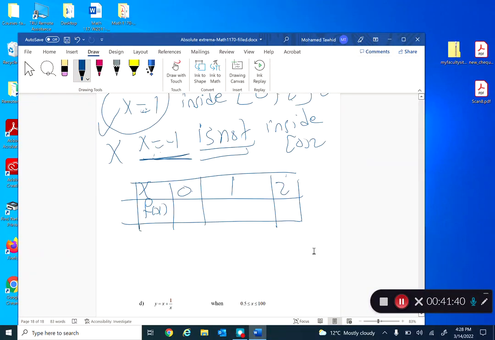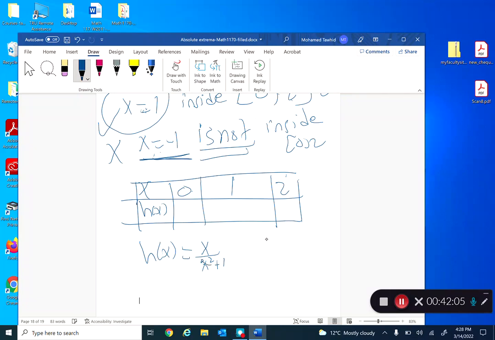So now what is your f of x? Your f of x here is h of x, which is x over x squared plus 1.